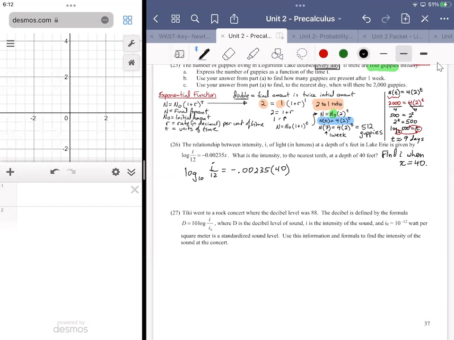So I want to release the I from logarithmic captivity. I'm going to take that 10 and raise it to the power of negative 0.00235 times 40.